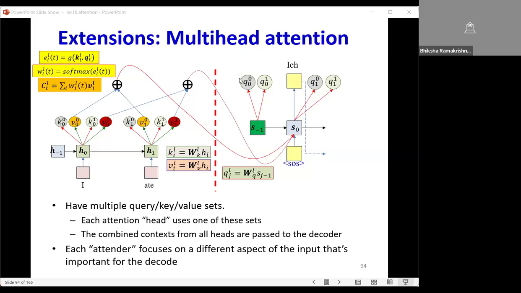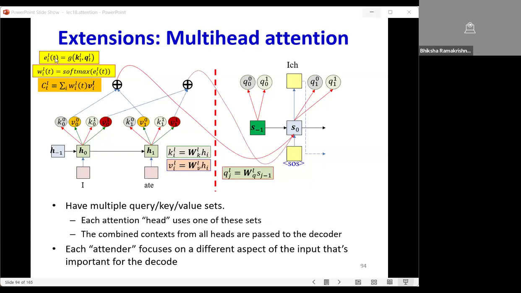If you train it properly, maybe the first key and value look at parts of speech when deciding what to pay attention to, and the second set of keys and values look at something else, like the semantics. And so you manage to capture different aspects of the data when you compute your context vector. So this is a simple extension of the standard attention model.